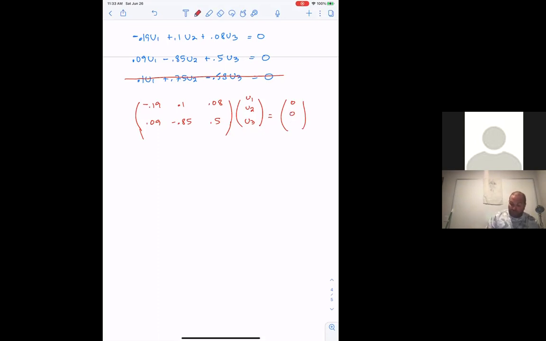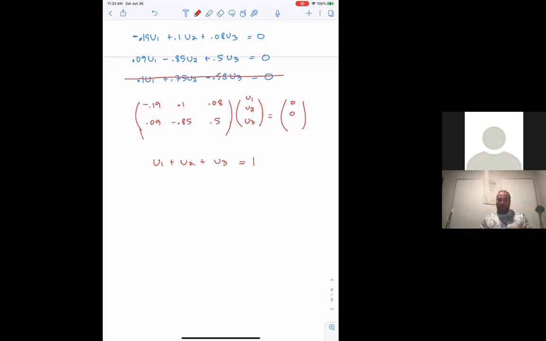So what we do is we arbitrarily impose an extra condition that U1 plus U2 plus U3 is equal to 1. The reason is because the steady state vector that we're looking for is involved in a probability process.